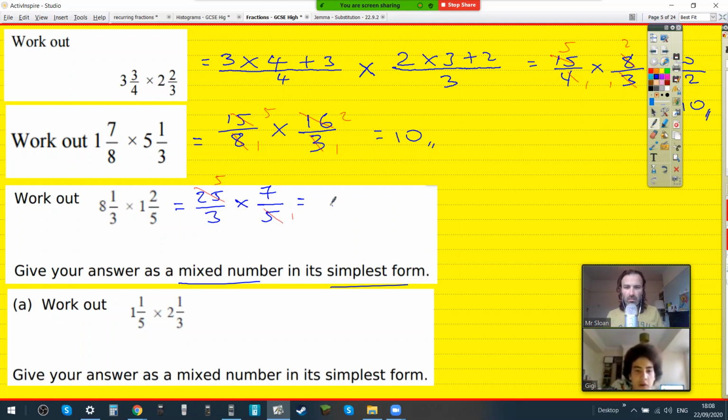So 3 times 1 would be 3. And 5 times 7 would be 35. I think you could say mixed number. So it would be 11 and 2/3. Brilliant. 11 and 2/3. Got it.